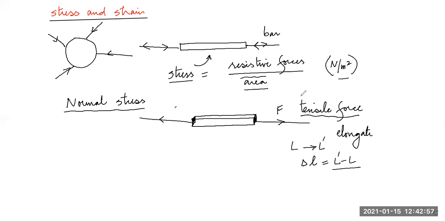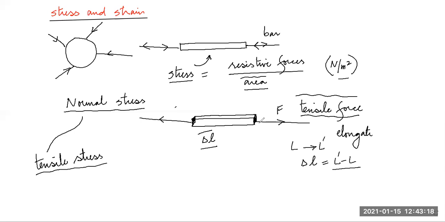In the case of tensile force, when delta L is positive, the change in length, we will say the normal stress is tensile stress. Tensile stress comes into play when the forces being applied on the body are tensile in nature. That means they try to elongate the body, try to increase the length of the body.